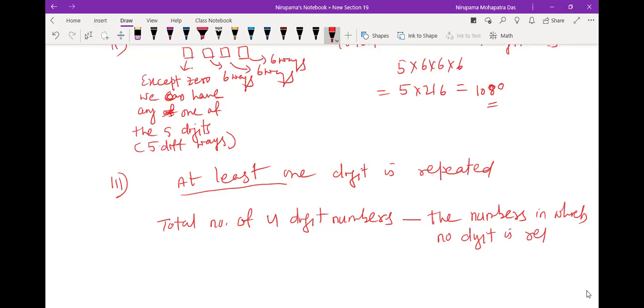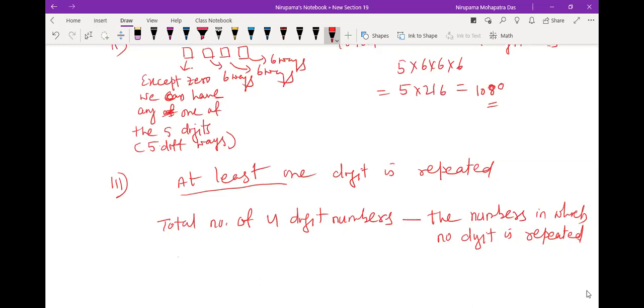Whenever you write at least one repeated, it is either one repeated or two repeated or three repeated. So what is not being taken? No repetition, I mean, none is repeated. So none is repeated means no digit is repeated. The total number of four-digit numbers we have just found, 1080.